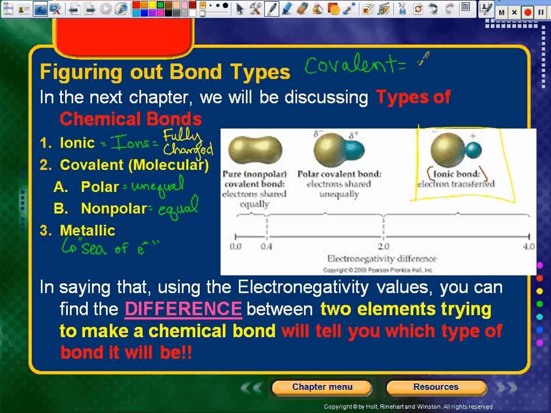The valence electrons. So what does covalent mean? The sharing of valence electrons. So does that work? Does that make sense? So covalent means the sharing of valence electrons.